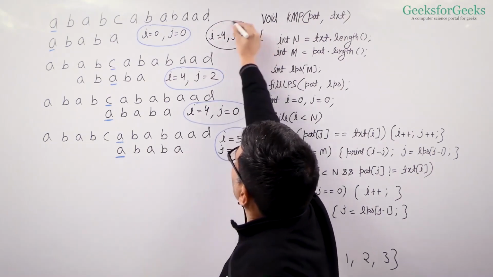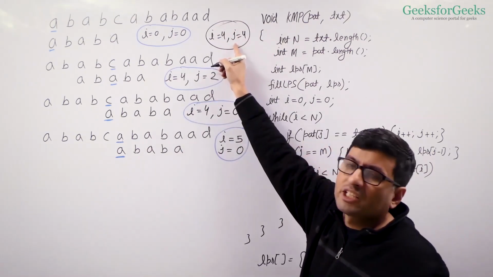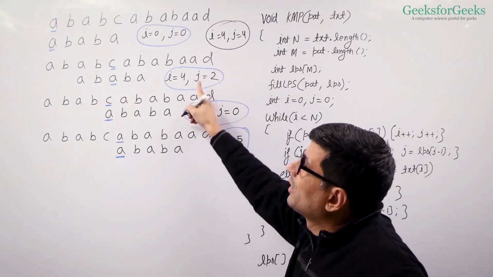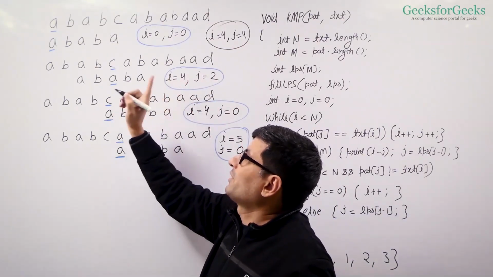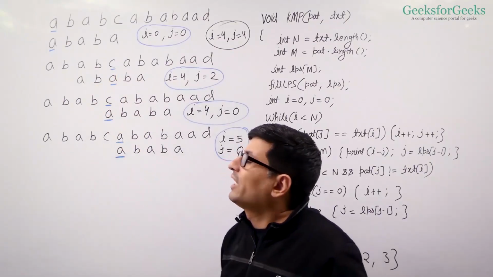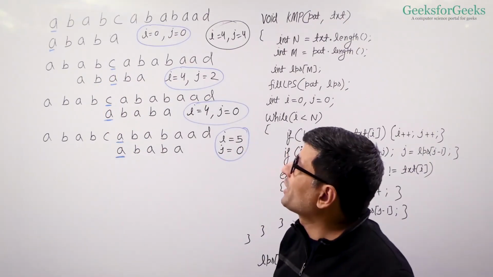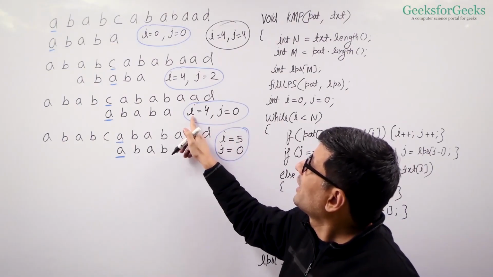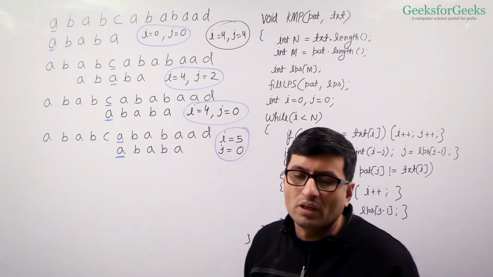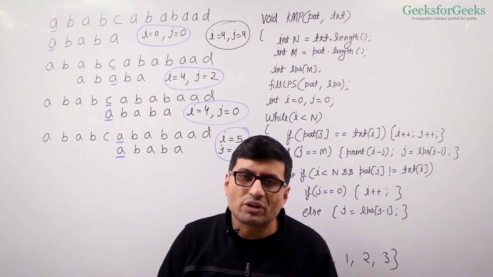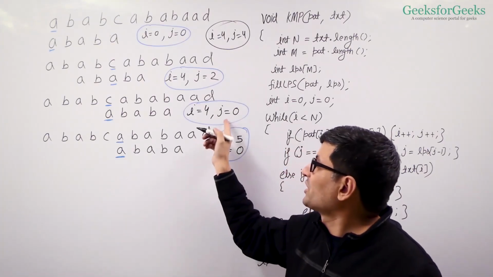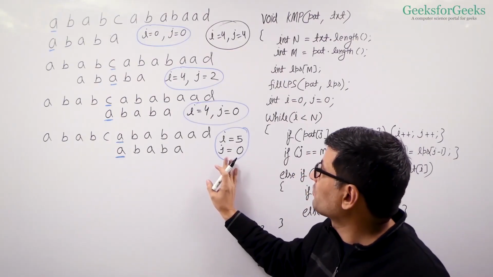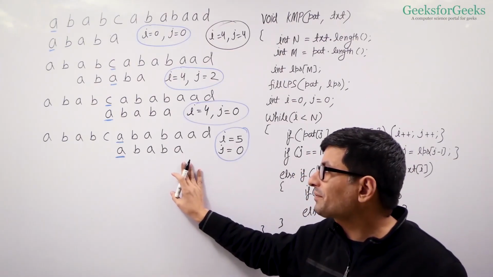And at this point, we consulted the LPS array to find the next j, and we found the next j as 2, and we compared text[i] and pattern[j] again, and they did not match. So we again consulted the LPS array and we found j equal to 0, and we kept i equal to 4. And at this point, we again found a mismatch, but this time j was 0, so we changed i. Now we are here at i equal to 5 and j equal to 0.